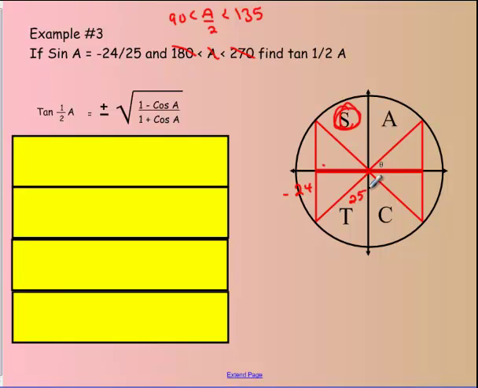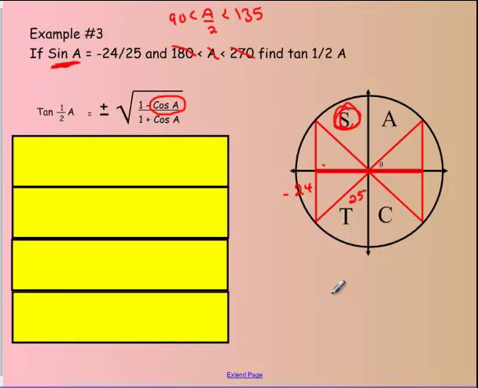So into my little triangle, I'll put my opposite side and my hypotenuse. And you know why we got to do that? Because in order to do all these formulas, we need to know the cosine of the angle. They gave us the sine of the angle.